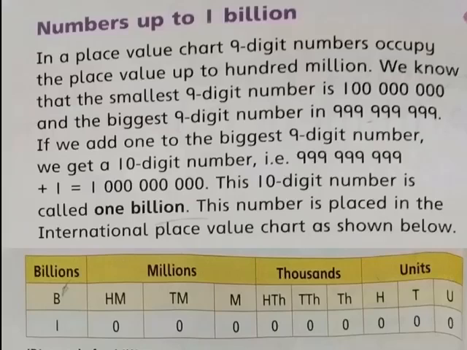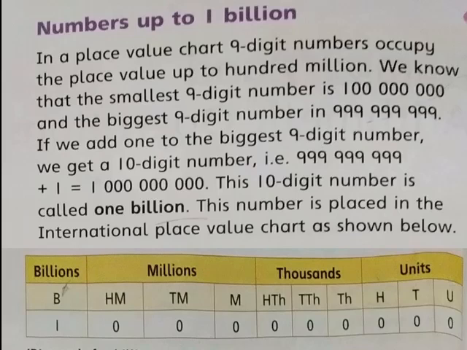In a place value chart, 9-digit numbers occupy the place value up to 100 million. We will learn with the help of the international place value chart. Look at this. There are units, thousands, millions, billions.